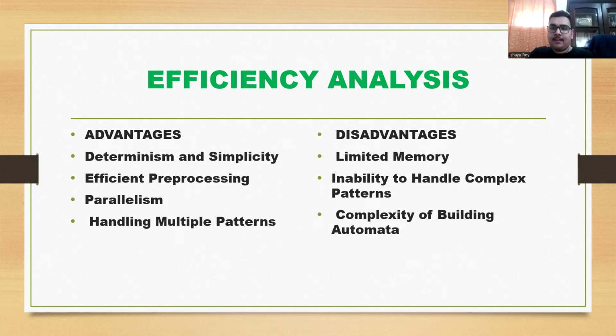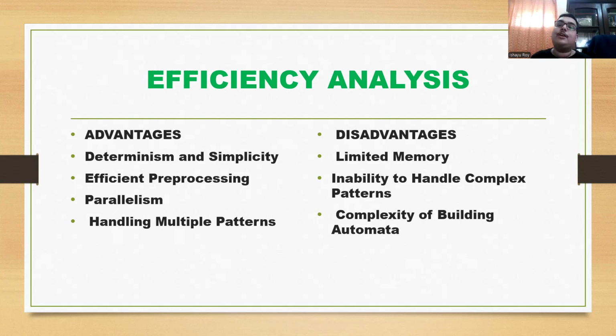Efficient pre-processing. The construction of the transition table is pretty easy because it's based on the input symbols and states. Then it allows for parallelism, and then it also helps in handling multiple patterns, like you can club in patterns as in concatenations or unions, etc. However, there are certain disadvantages as well.